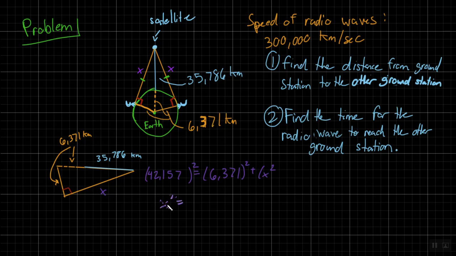Okay, we'll back it up a step. What is 42,157 squared? It equals this gigantic number plus x squared.